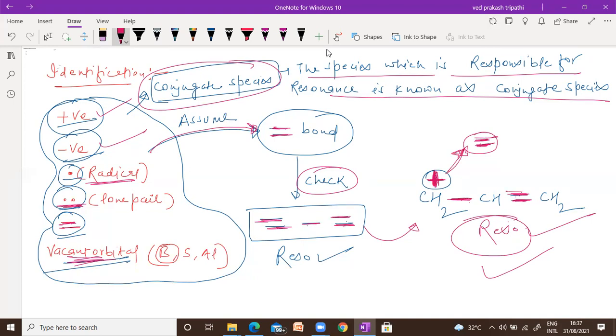Any doubt? Please tell me. I will discuss a few more examples. When I discuss more examples, it will make more sense to you. Don't worry about the examples.